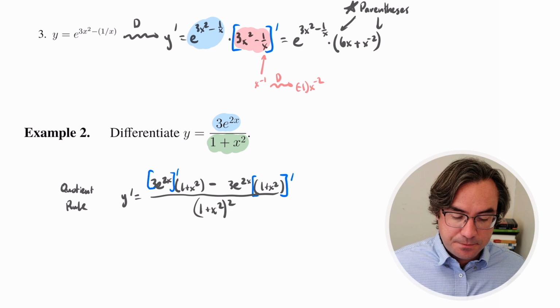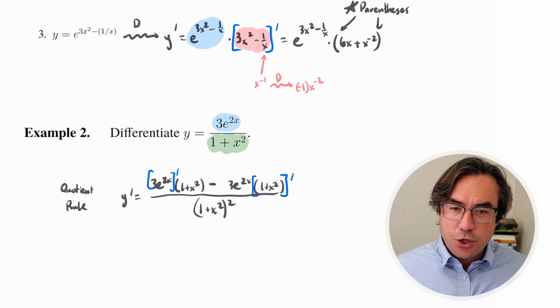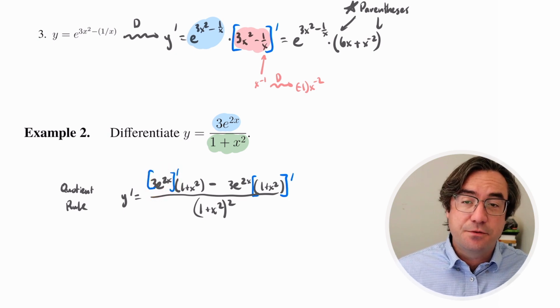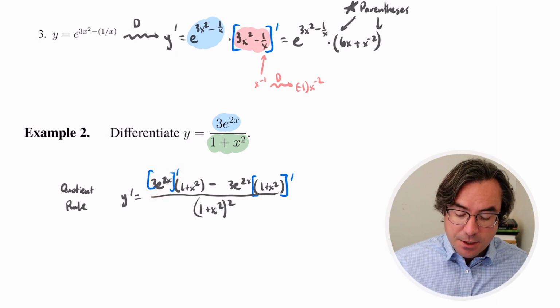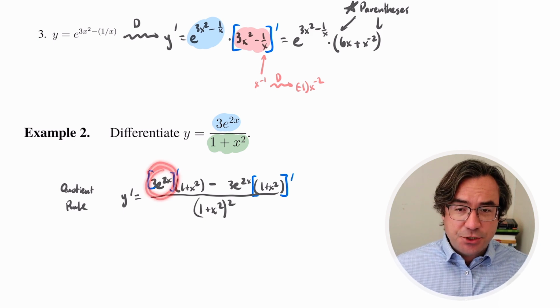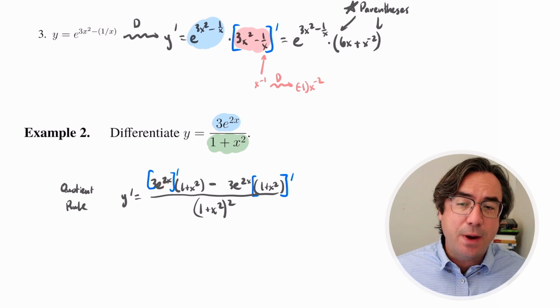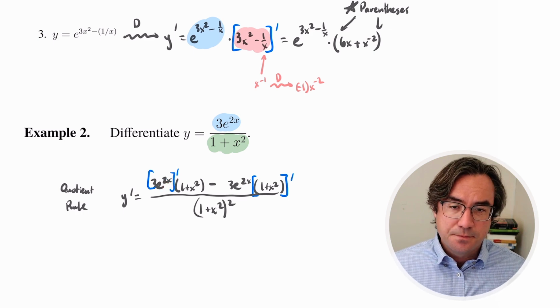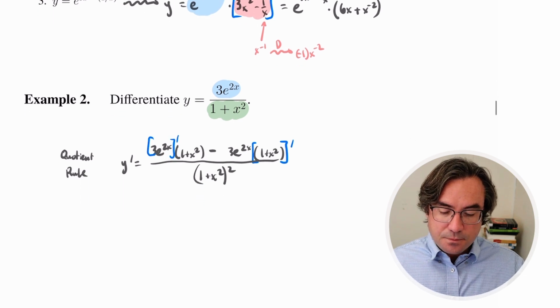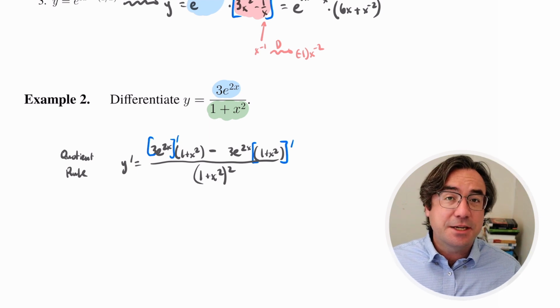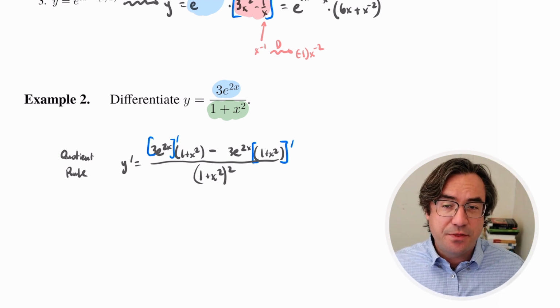All right. So that's the quotient rule part. That's nothing new. Now what's new here is just doing this first derivative of the top term here. So this is an exponential, and it's not just e to the x, it's e raised to the 2x. So we're going to use our general exponential rule to help us with this.